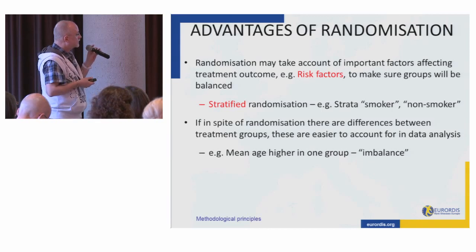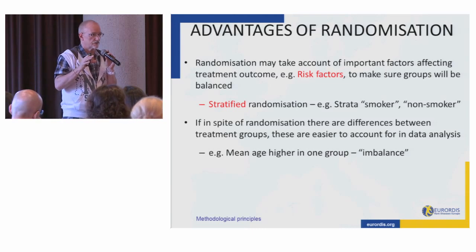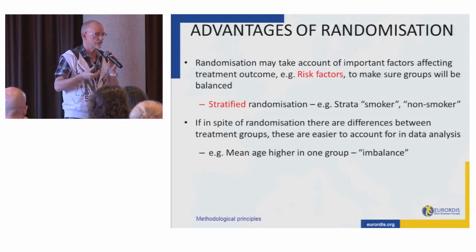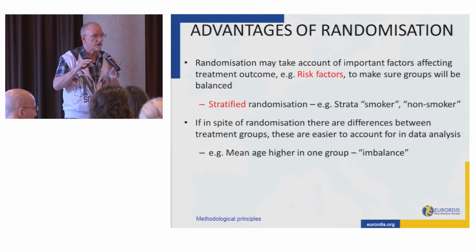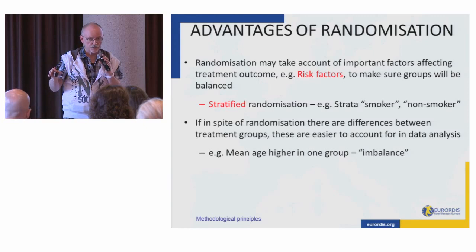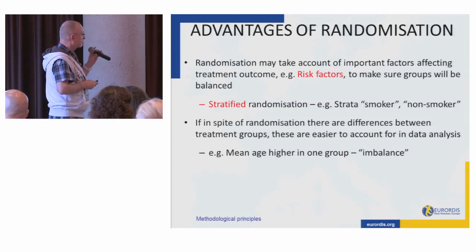But if you've done your randomization well, those differences at the end of the day are easier to account for in data analysis if there are only a few. But if you don't do randomization, or your randomization fails, you will have a number of differences, and then you start to have a problem of having many imbalances in the study population between, in this case, the two groups.